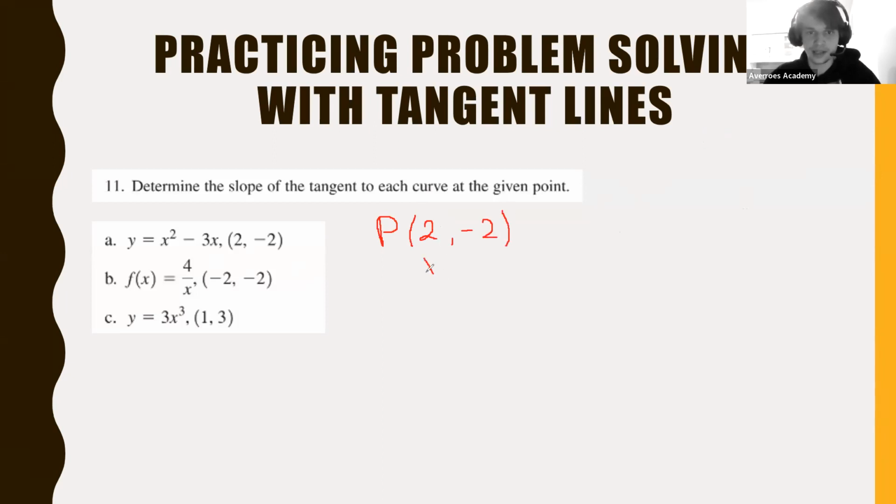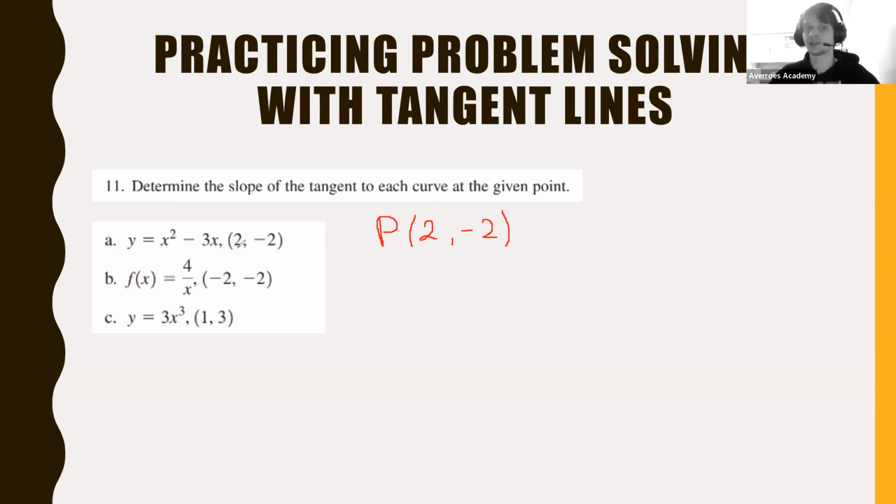It means that x at this point equals 2 and y equals -2. Let's check it. Let's take this value into this formula. X equals 2, it's going to be x squared, 4, subtract 3 times 2, subtract 6, minus 2. Perfect. It's all right at this point.